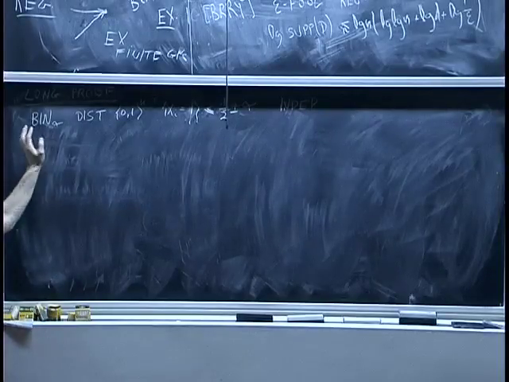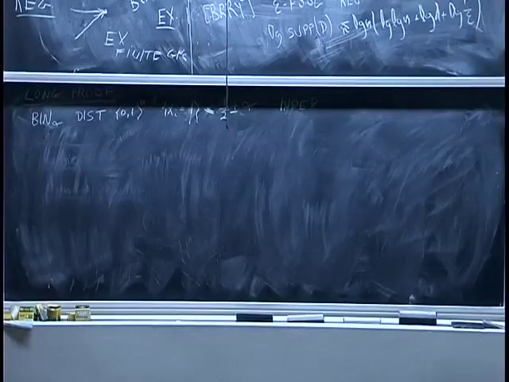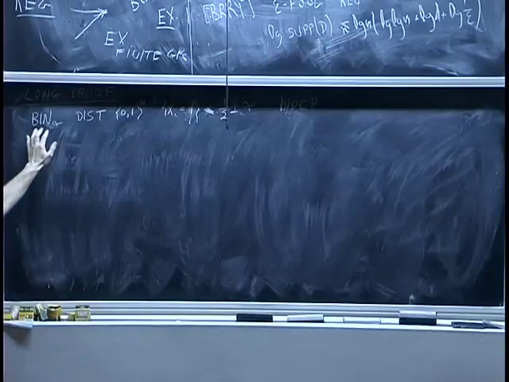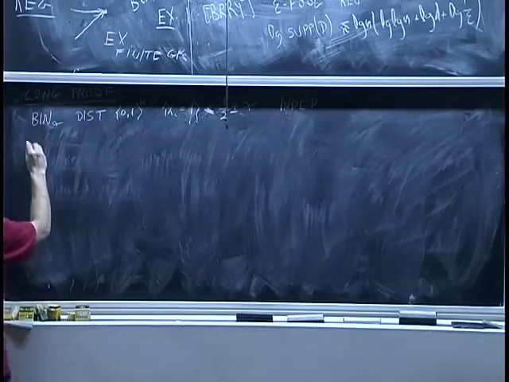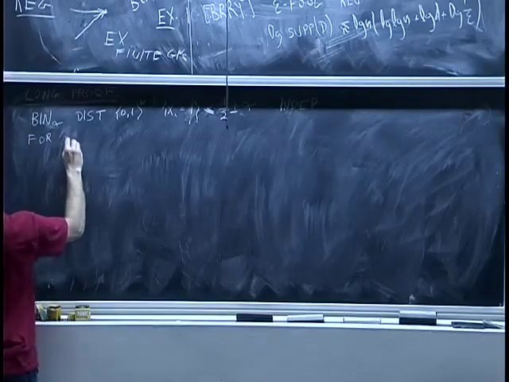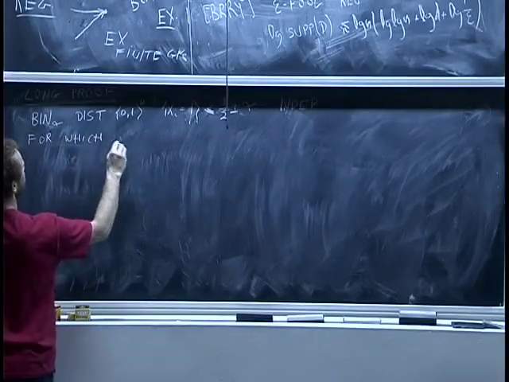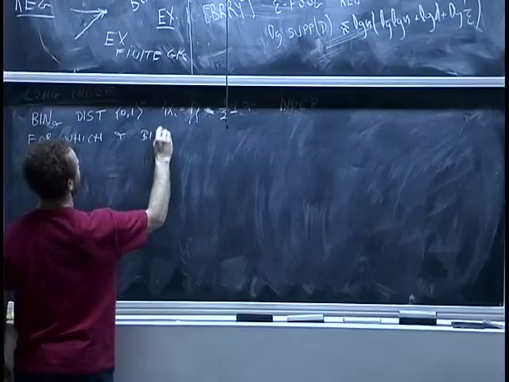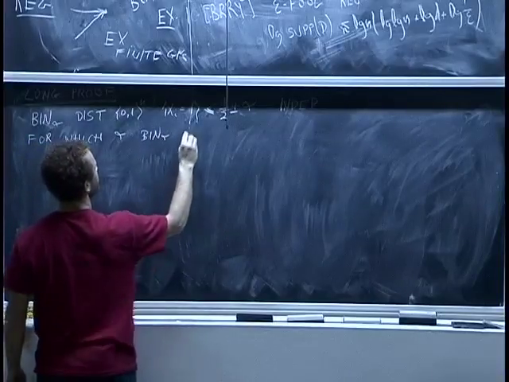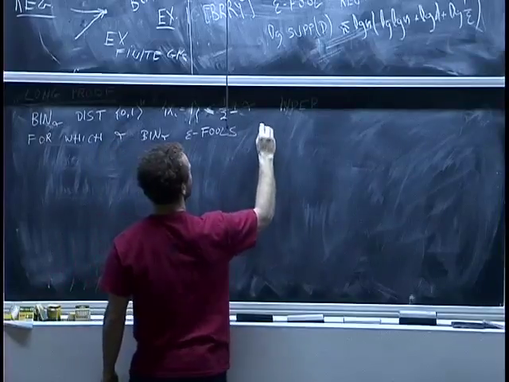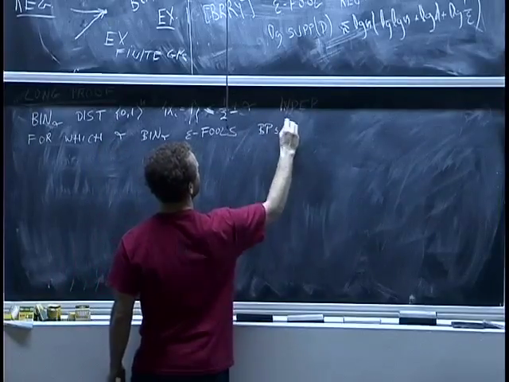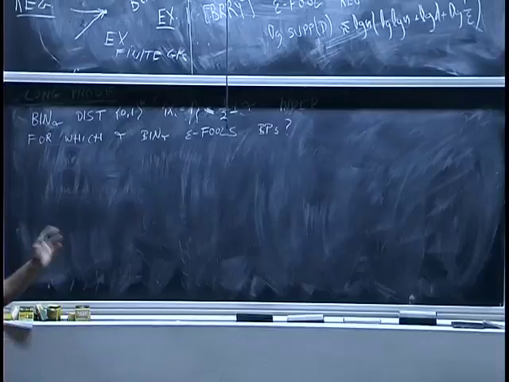Okay, and the first question we'll try to answer is, for which alpha does this work? xi equals 1 is inside the interval plus minus. So this is the question.